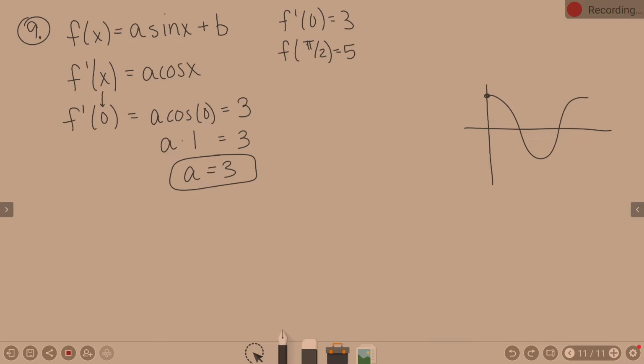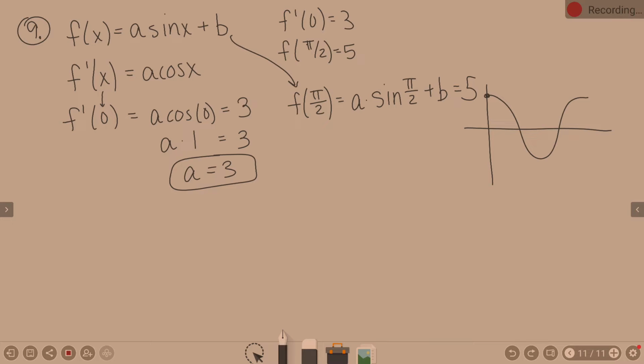Okay, original function. F of x, so I'm going to say f of pi over 2 is equal to a times sine of x, so times sine of pi over 2 plus b. And that equation right there is going to equal 5.